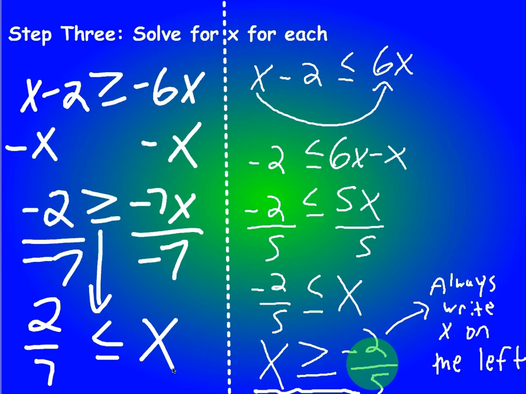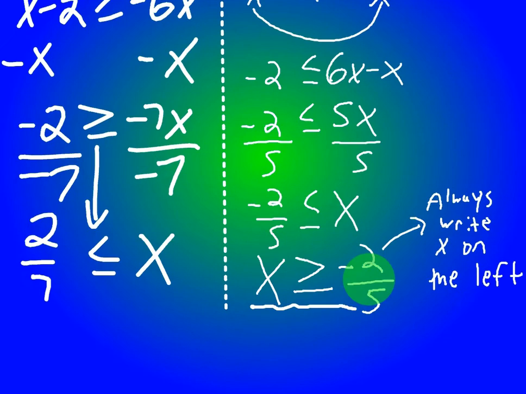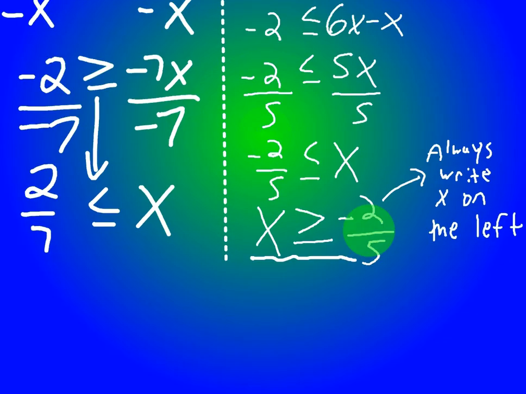Now, one more thing after that. You always want your x to be on the left. You're going to see why in a second. So how can we make this statement so that x is on the left? Yep. Just make sure that the sign is opening towards the x, like it is here.